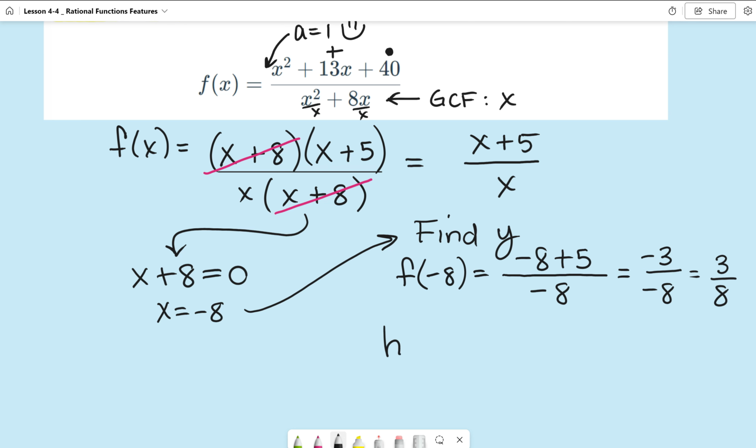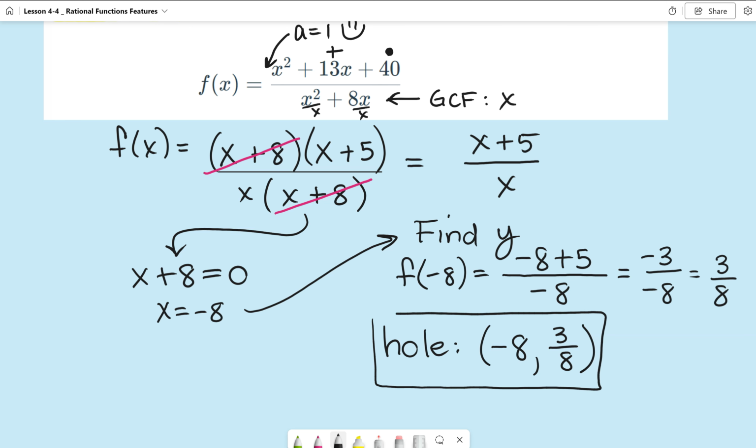So the coordinates of my hole are going to be x comma y, where x is -8 and my y was 3 over 8. And that is how you find the holes of any rational function. And yes, you can have more than one hole occur, but in this case, there was only one.